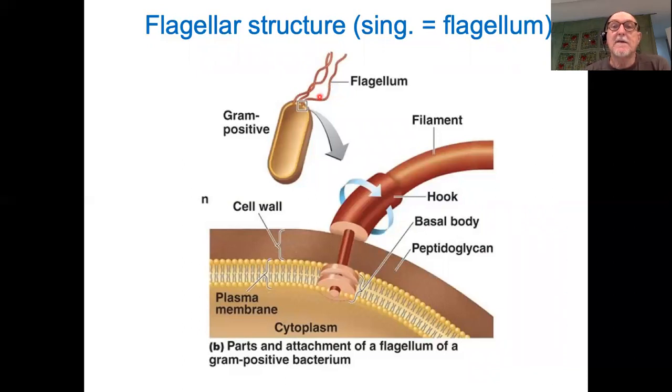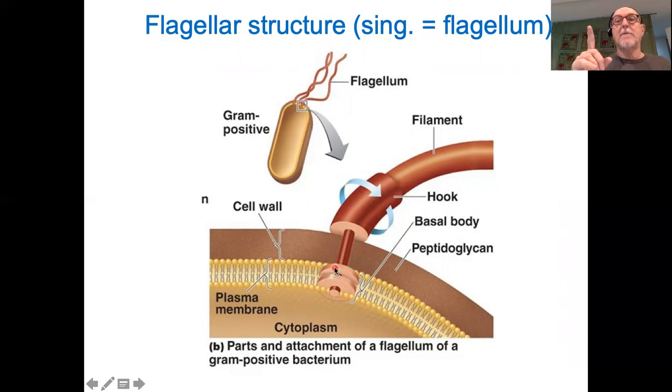In actual fact, the flagellum is shaped like a corkscrew in space. And at the bottom, it has this ingenious little motor, which is embedded in the plasma membrane. In gram-negatives, it's embedded in both the plasma and the outer membrane. But here's a gram-positive, so it's just embedded in the plasma membrane.